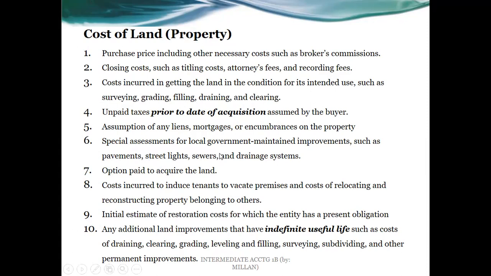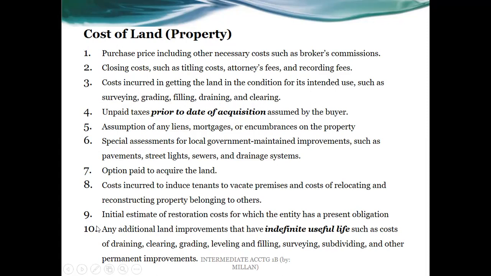So there could be, for example, certain people, the tenants who are still using the property, and then of course we are the new owners now, then we have to require them, if not first convincing or inducing them to vacate from the area. And then, of course, including the relocation cost of them. Then reconstructing the property belonging to others as well.